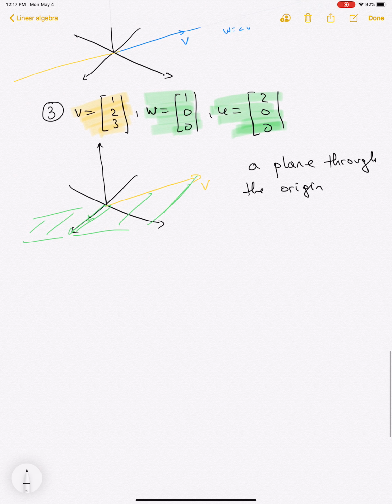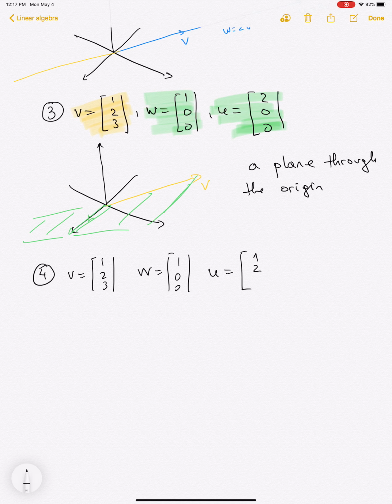Because remember, we can always choose the coefficients or the scalars C, D, and E to be 0. And the final case is when all three vectors are in different directions. So for example, the vector V is 1, 2, 3, and then I'll choose something easy for W. It could be 1, 0, 0, and U could be 1, 2, 0.